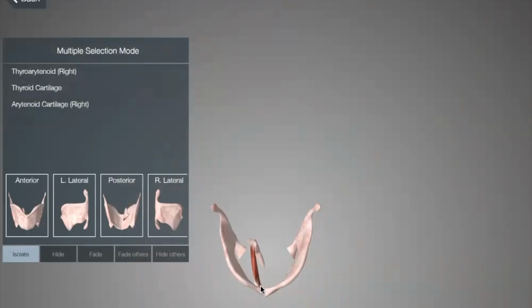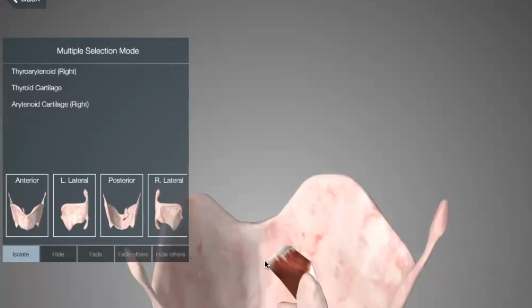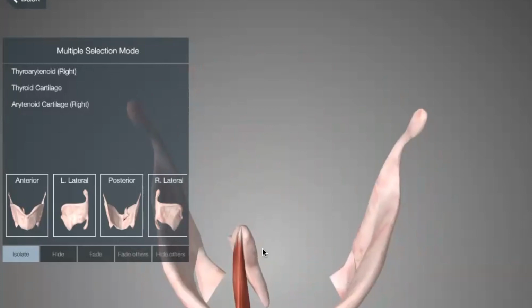It originates from the infero-posterior aspect of the angle of the thyroid cartilage, or let's just say from the inner surface of the thyroid cartilage, and attaches to the anterolateral part of the arytenoid cartilage. Actions: it relaxes the vocal ligaments.